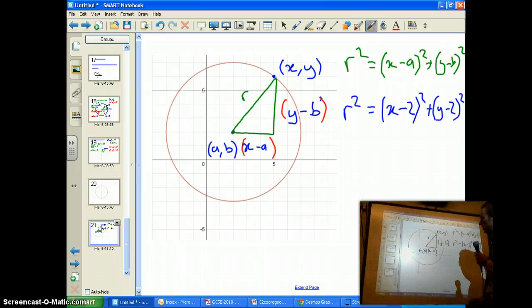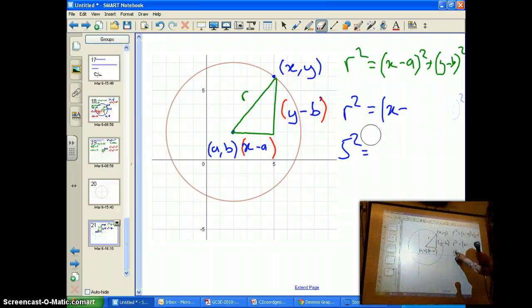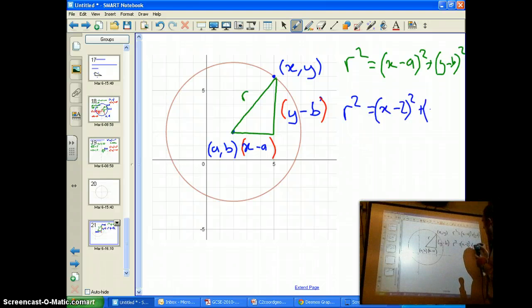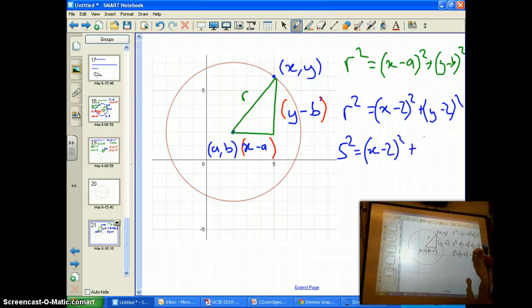And our radius here is going to be 5, so we end up with 5 squared equals x minus 2 squared plus y minus 2 squared.